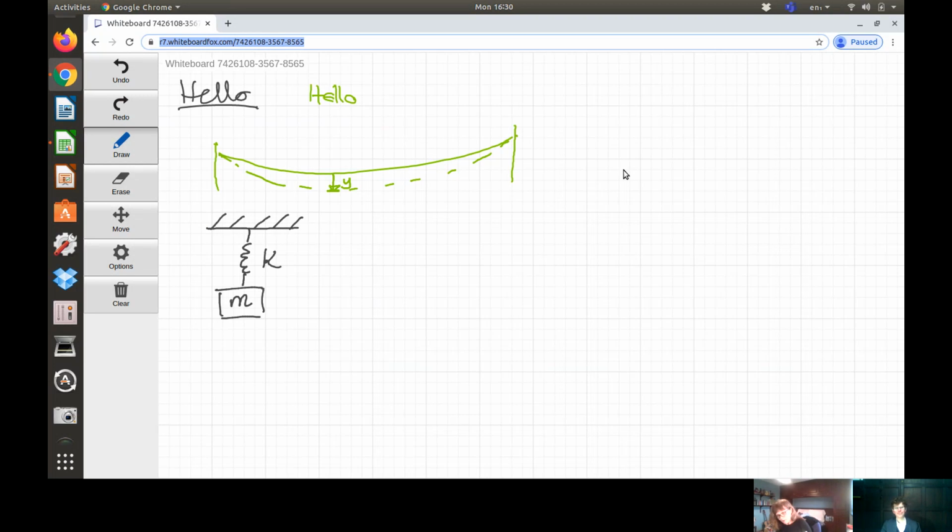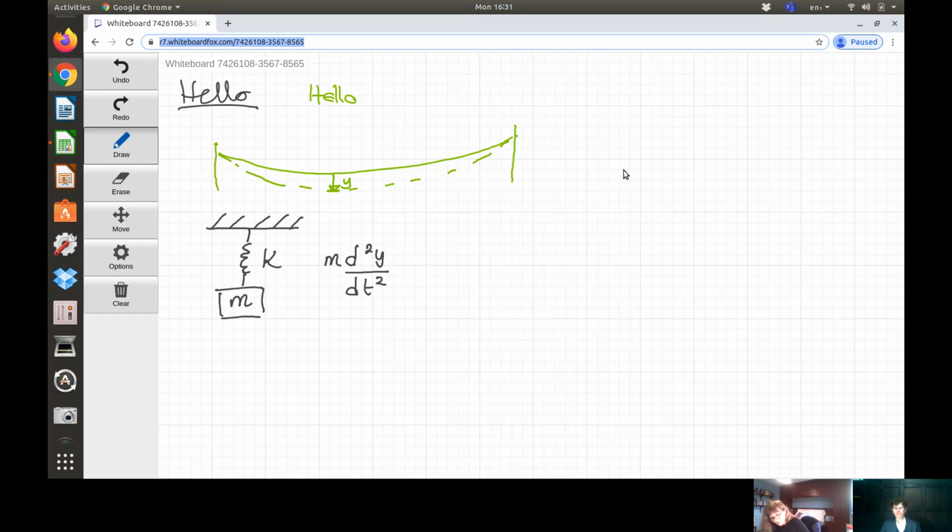Okay. Well, normally, if we modelled that mathematically, we'd look at mass times acceleration. If we're using displacement in time, I ought to put d²y/dt².